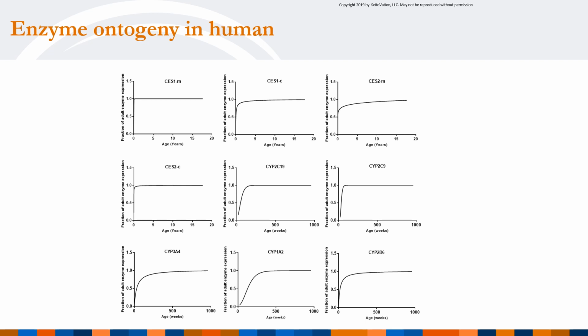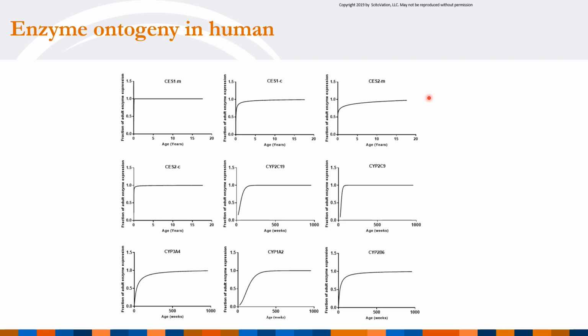So here is an example of the human enzyme ontogeny. These are the enzymes used to metabolize pyrethroids. You have carboxylesterase in microsome and in cytosol, and also different CYPs.